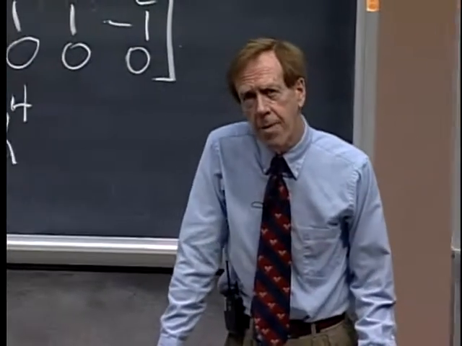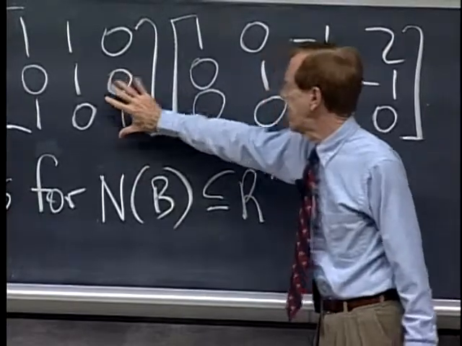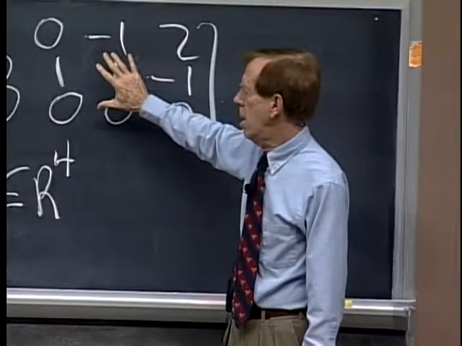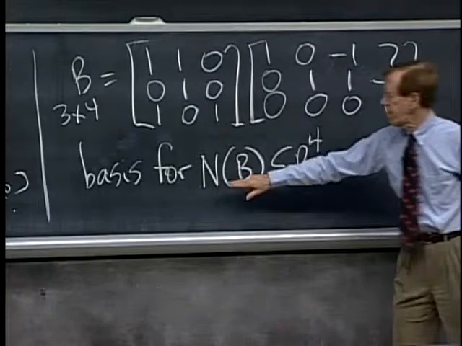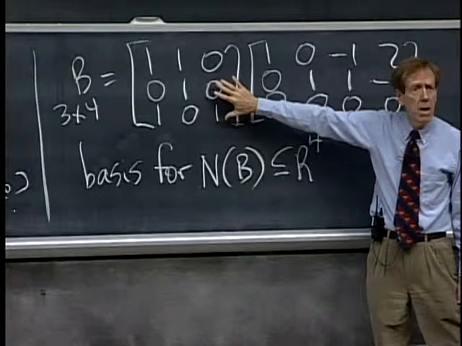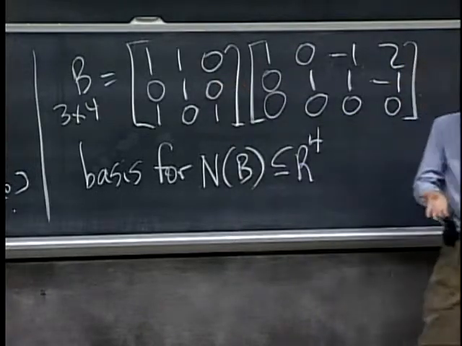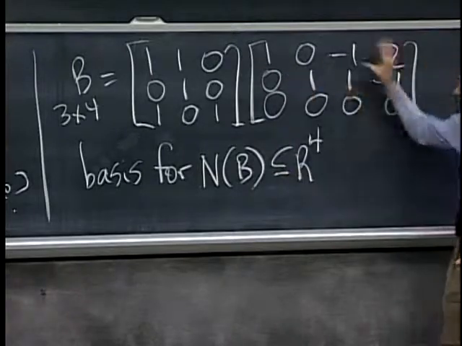what's the setup? If I have an invertible square matrix times this second factor, and I'm looking for the null space, does this have any effect? So what I'm asking is the null space of B the same as the null space of just this part?